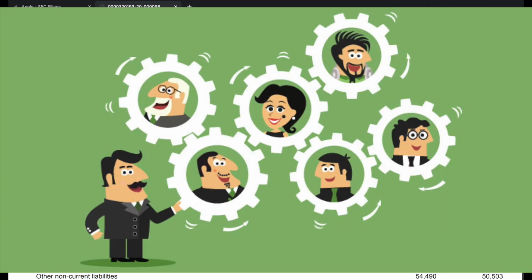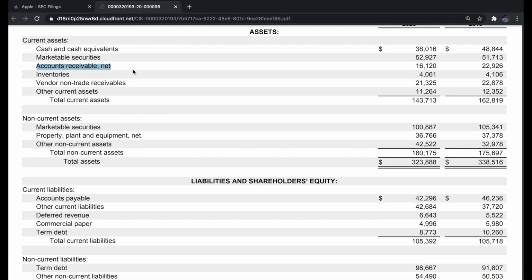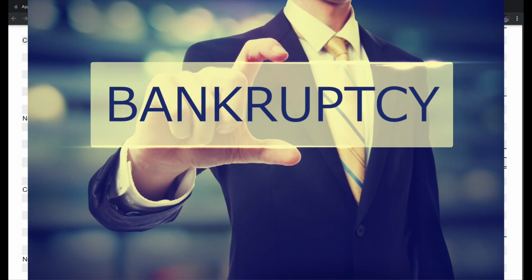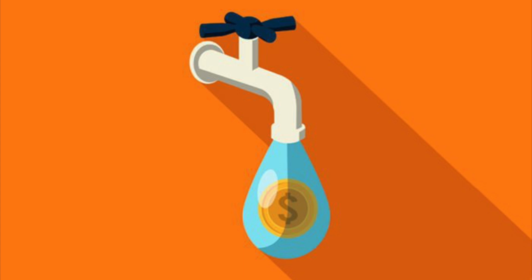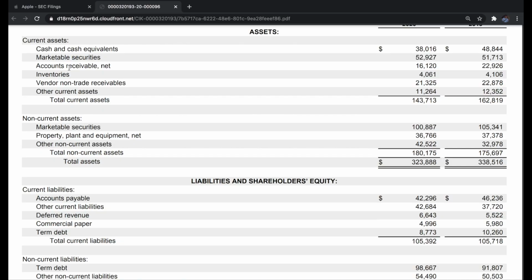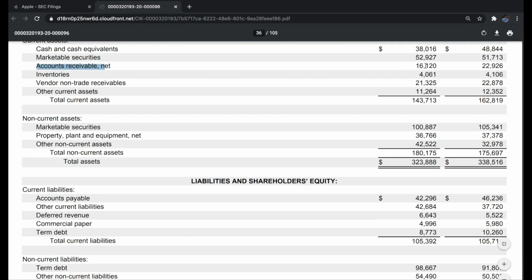And the reason why we have it as net receivables is because some of our customers could be in the process of bankruptcy, or they are having liquidity problems, which means to us that there is a high probability that they will not pay us. So here we have to take away those bad debts and show the real amount of money for our investors to present a fair balance sheet.